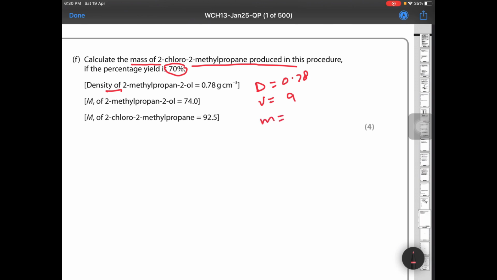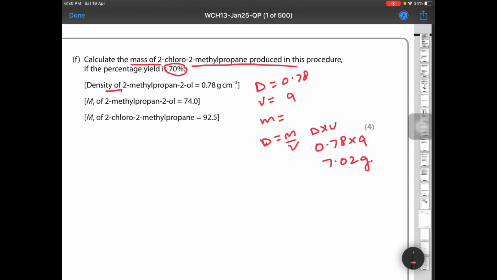You can find mass easily. Density is equal to mass upon volume, so mass is equal to density times volume. Density is 0.78 times volume, 9, given to you in the question. You will get 7.02 grams. So you got the mass of your alcohol.